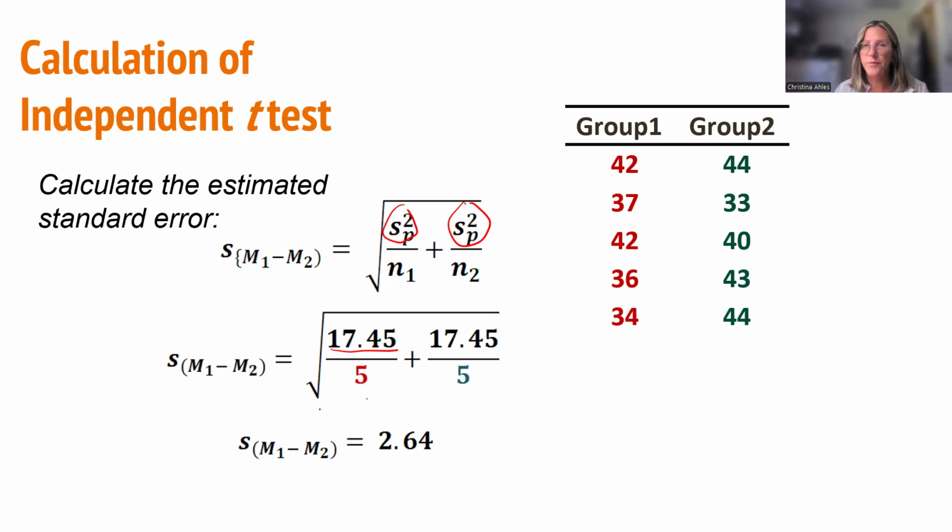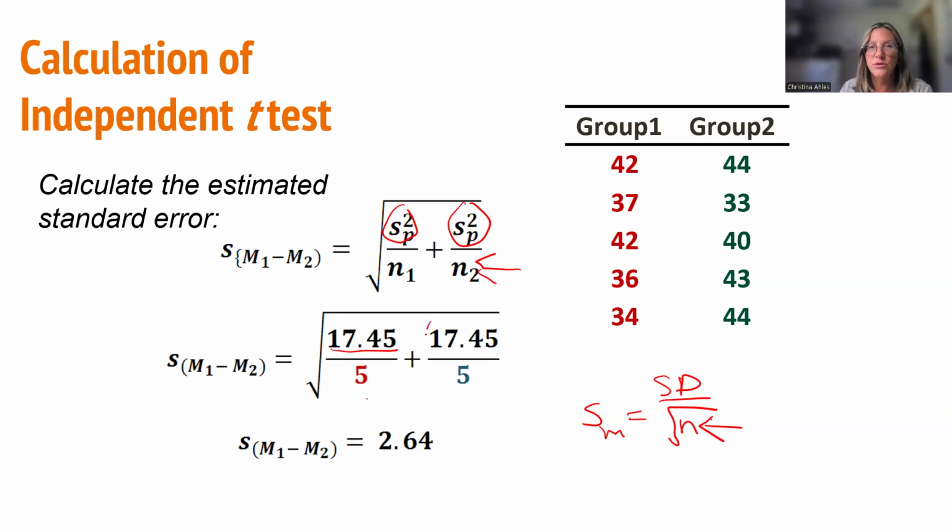If you remember, previously, error for the one sample t-test was the standard deviation divided by the square root of n. This is sample size, not degrees of freedom, just like these are sample size, not degrees of freedom. The most common error I see students make is accidentally putting degrees of freedom there.